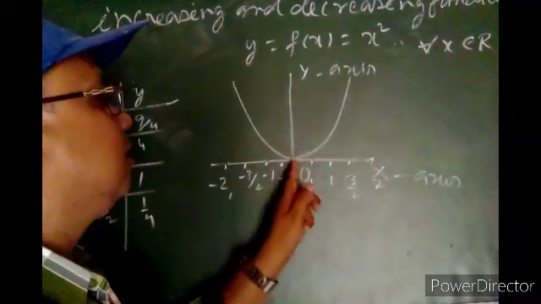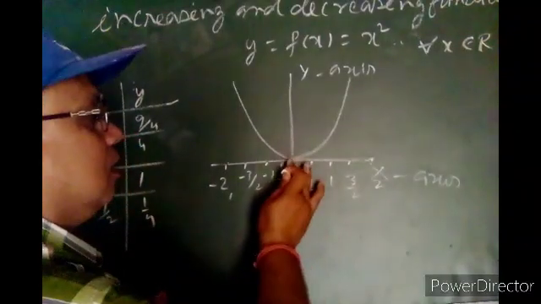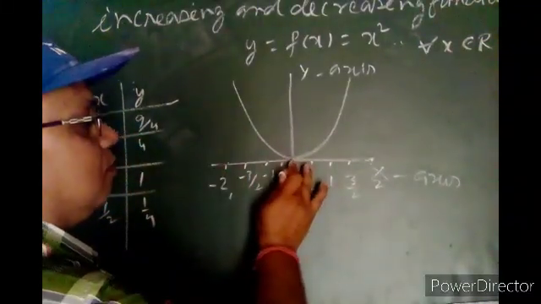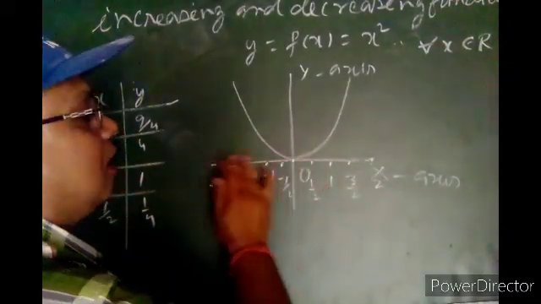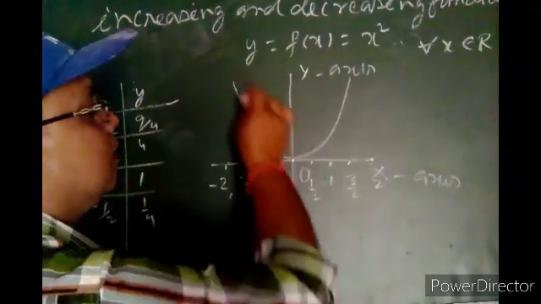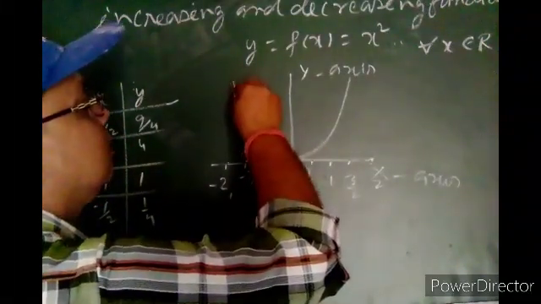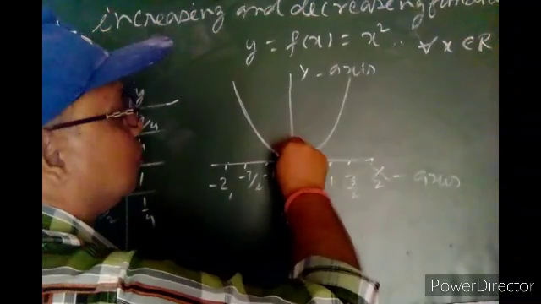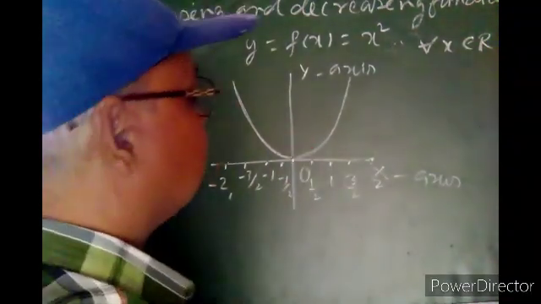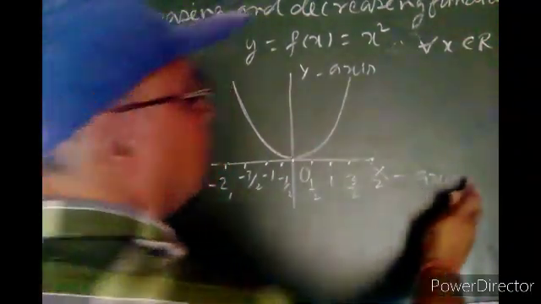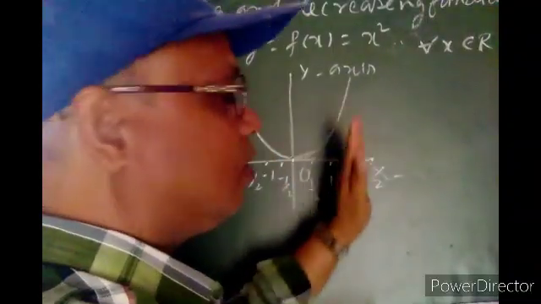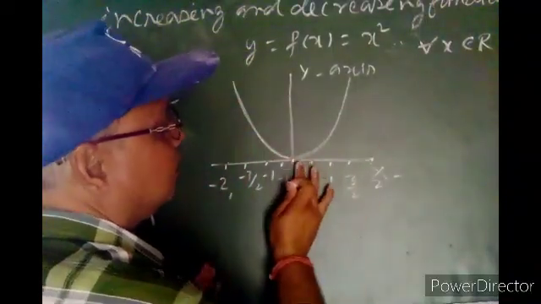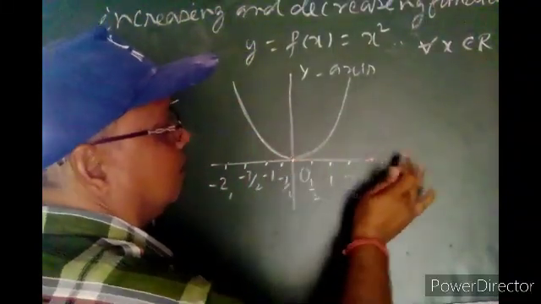This is the left side, this is the right side. On the left side of 0, the function is decreasing. Now the right side of 0, meaning this side.